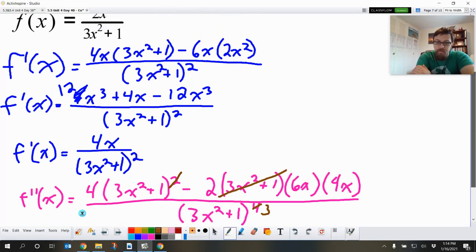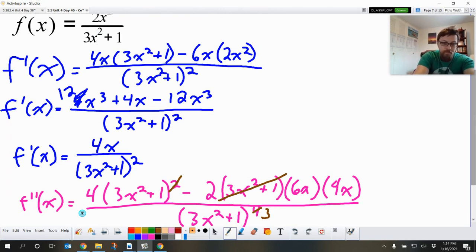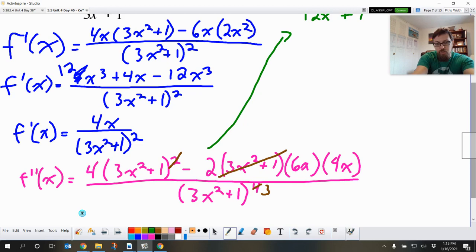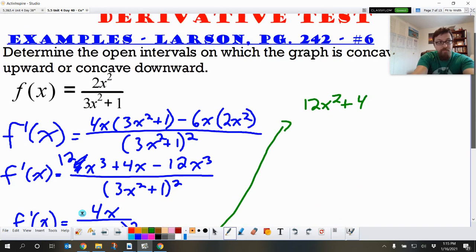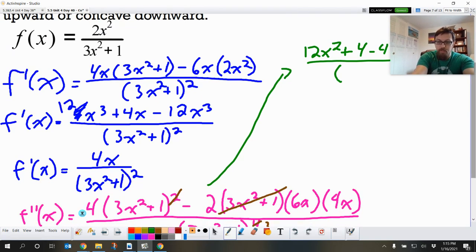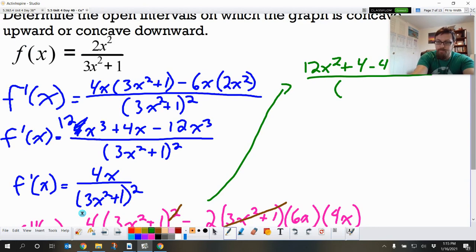I'm running out of space, so I'm just going to move up a little bit. So if I distribute that 4 in there, I get 12x squared plus 4, not 1. And then we've got the negative 2 times 6, which is negative 12, times 4, which is negative 48 x squared, all over, I think it's just that (3x squared plus 1) cubed.